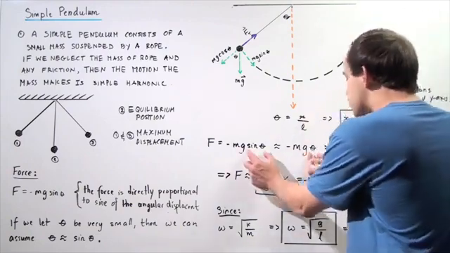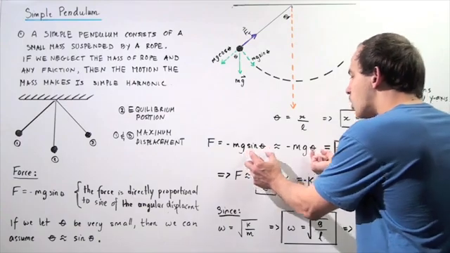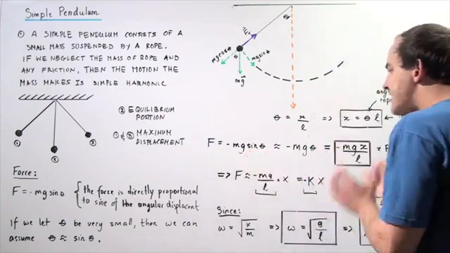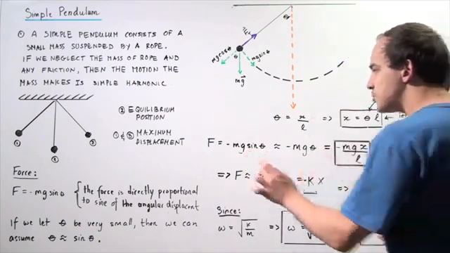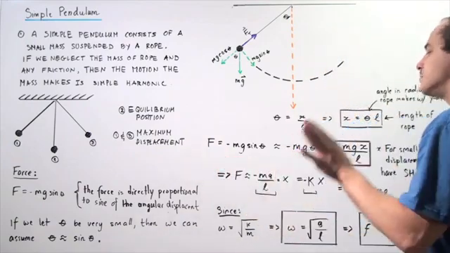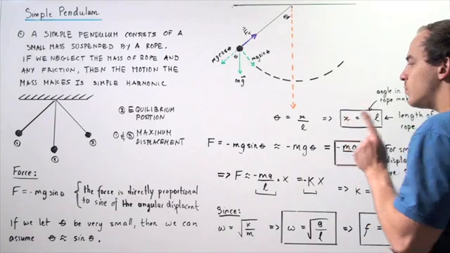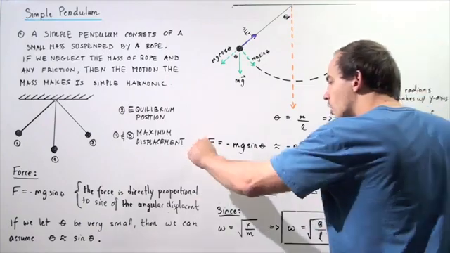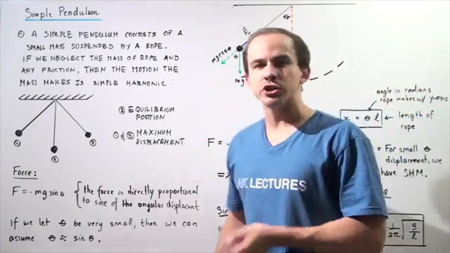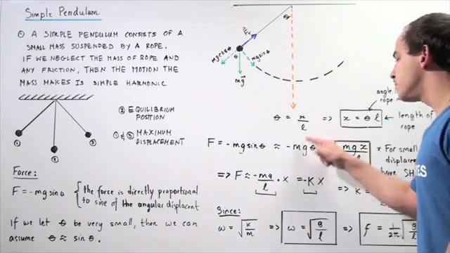Because when the angles are small, these two quantities are approximately the same. And now we have the following equation. Force is approximately equal to negative mg times the angular displacement, and we see that our force is now directly proportional to our angular displacement.